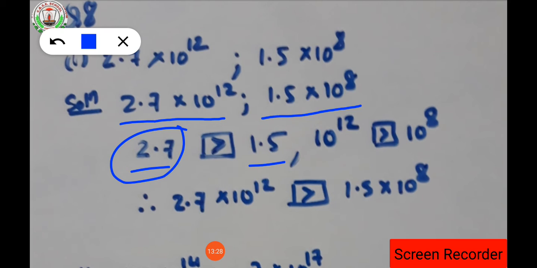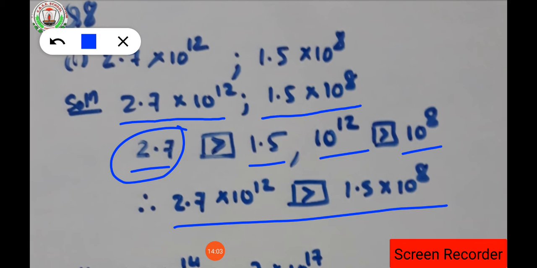So 10 to the power 12 is greater. Dear student, here we are individually comparing the powers as well as the decimal numbers. So 2.7 is greater as well as 10 to the power 12 is greater. Therefore, altogether 2.7 into 10 to the power 12 is a greater number than 1.5 into 10 to the power 8.